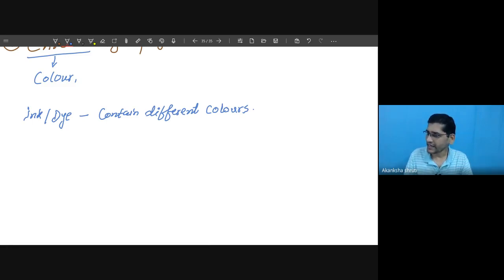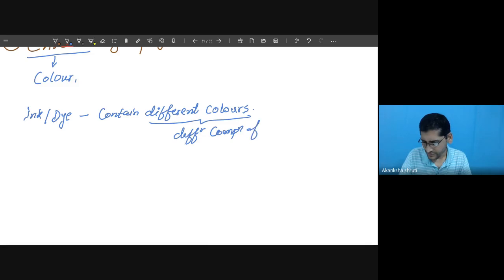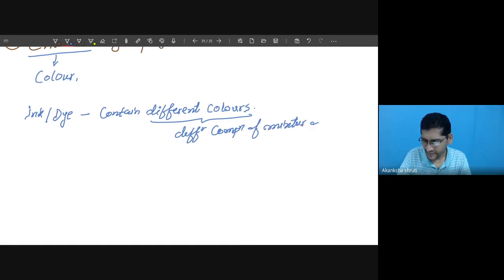Though it appears black, it contains blue, red, and so many others. So these components can be separated. Different colors mean they are different components of the mixture of ink. This ink color contains what? Water also.